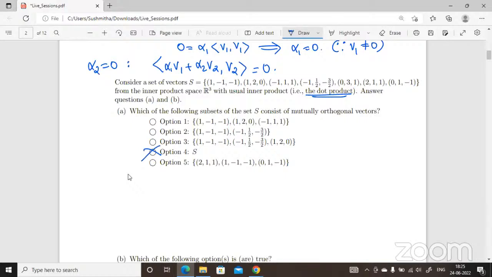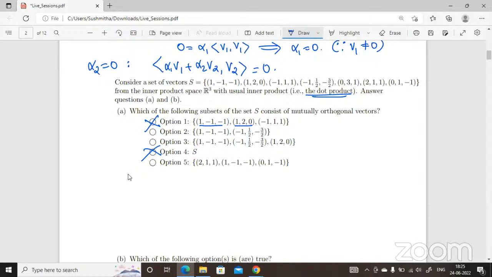Option 4 has been ruled out, since S is not orthogonal. Option 1: you can take the first vector and the second vector. The dot product is 1 into 1 minus 1 into 2 minus 1 into 0, that's minus 1. That's not equal to 0. So this set is not orthogonal.